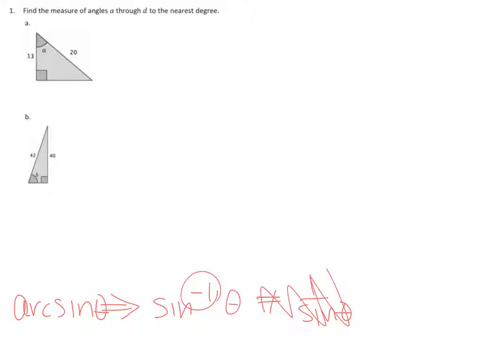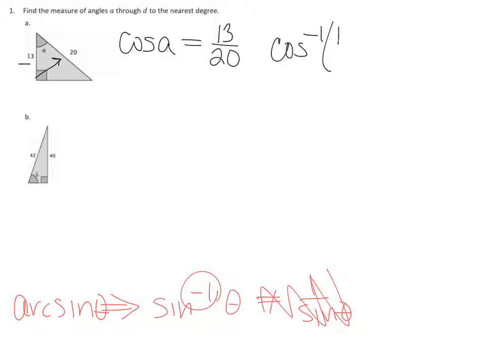Find the measure of angles A through D to the nearest degree. So we have angle A. This right here is a hypotenuse and an adjacent. Adjacent and a hypotenuse is cosine. Cosine of A equals adjacent over hypotenuse. So we can say cosine negative 1 of 13 over 20.